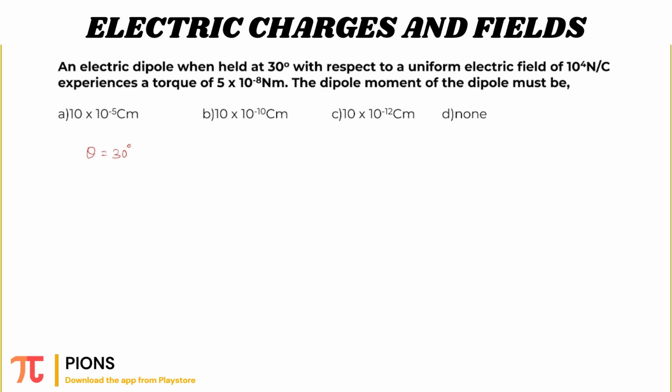With respect to a uniform electric field E, which is equal to 10 to the power 4 Newton per Coulomb. Great. It experiences a torque tau of 5 into 10 to the power minus 8 Newton meter. And what they have asked is the dipole moment P. Now today itself, we have seen that torque tau is nothing but pE sin theta. Let's plug in the values and P will be equal to tau by E sin theta.